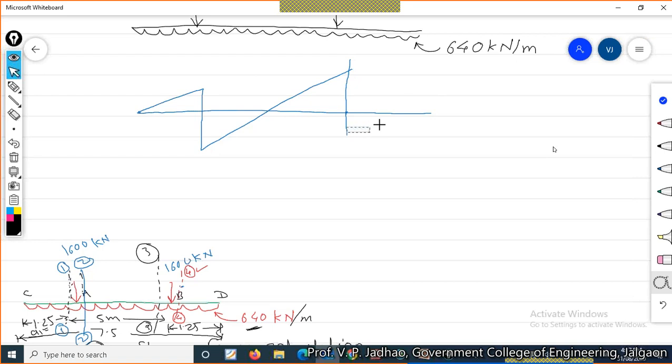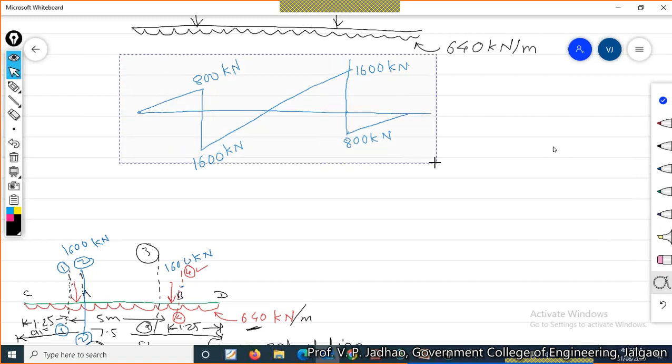So join these lines. So we have here 1600 minus, and 800 kilonewton here again. Okay. Just a minute, I'll redraw this because we won't have space for drawing the bending moment diagram.